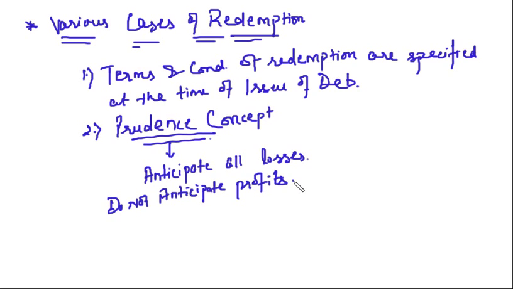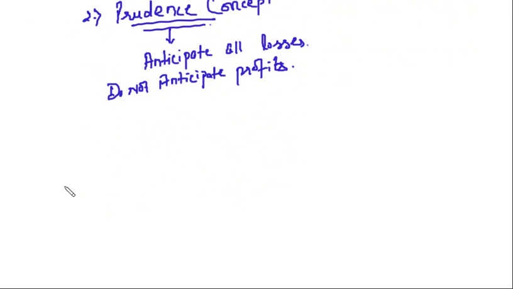That is the prudence concept, right? Because of this concept, we are going to study these redemption cases at the time of issue of debentures. Clear? How we are going to use this prudence concept, I will tell you.